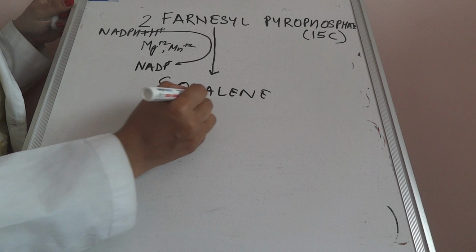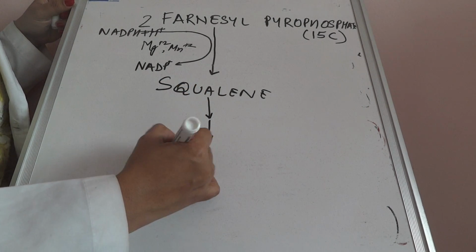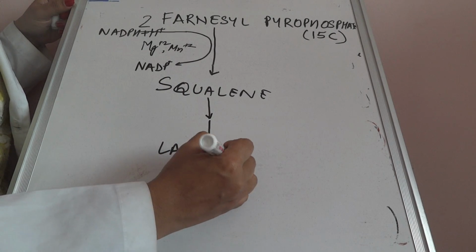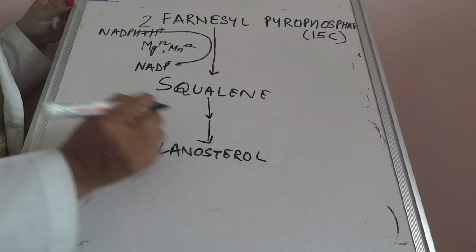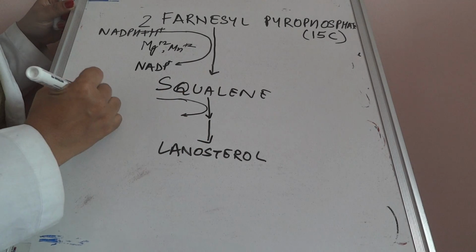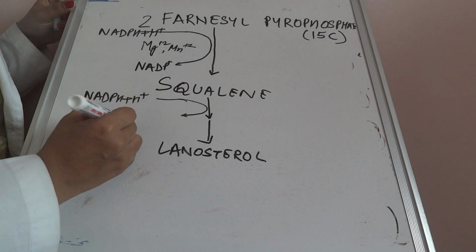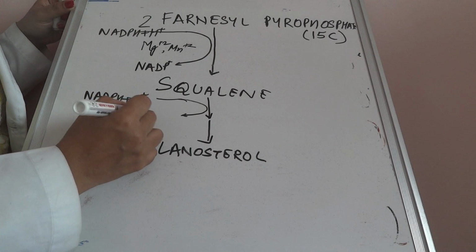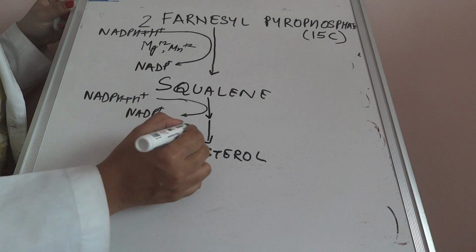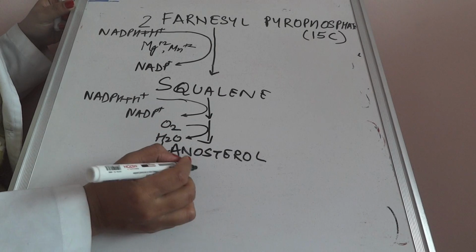Now this squalene will form lanosterol, and again this will require, as an energy consuming process, NADPH plus H plus, NADP plus, and one oxygen is also required in the process, and lanosterol is formed.